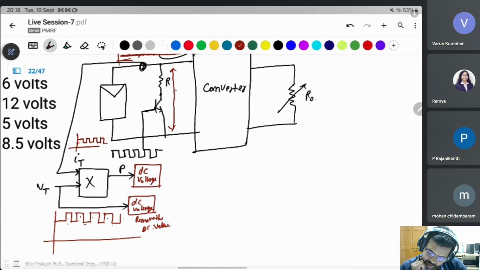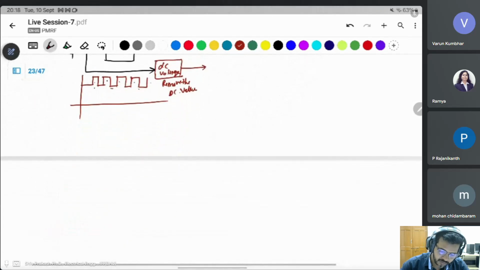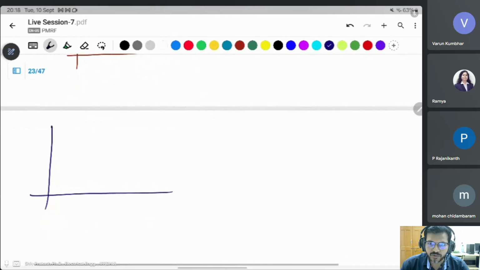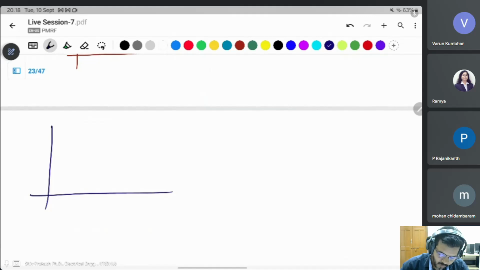You know how the DC value and the average value are the same? I just want to explain, so don't confuse between them. Suppose Fourier analysis. I think all of you know about Fourier.